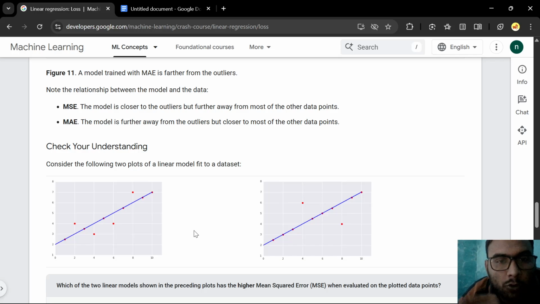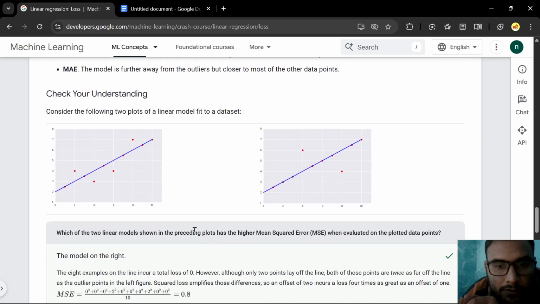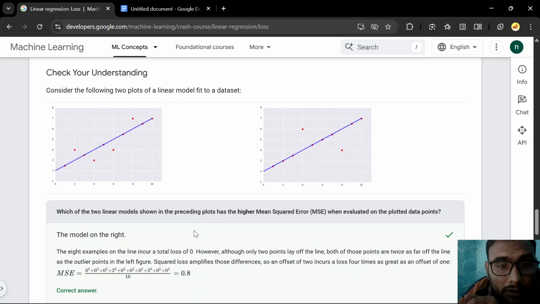The model is closer to the outliers but further away from most of the other data points. Okay, so I misunderstood the question. It's asking, both are mean squared errors, but which plot has the higher mean squared error?